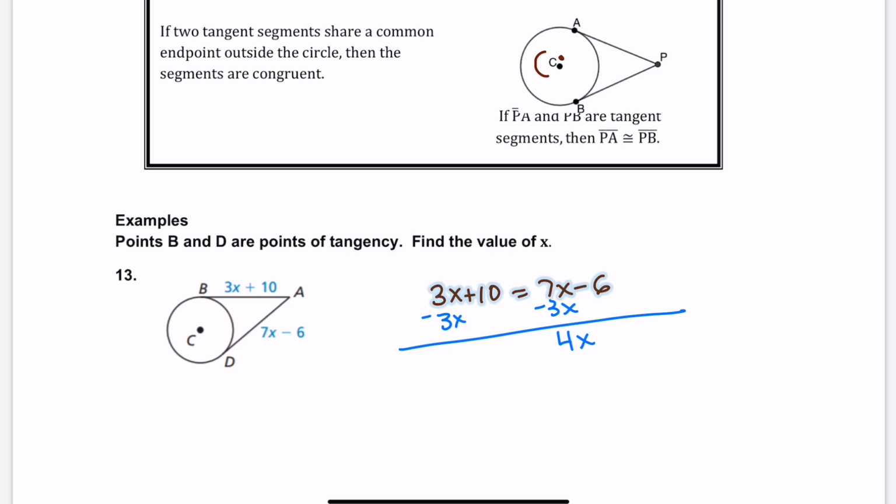At the same time I'm going to add 6 to both sides, and I have 4x equals 16. So this is saying 4 multiplied by some number equals 16. That's 4, because 4 times 4 is 16. But you could also just divide both sides by 4, and x equals 4.